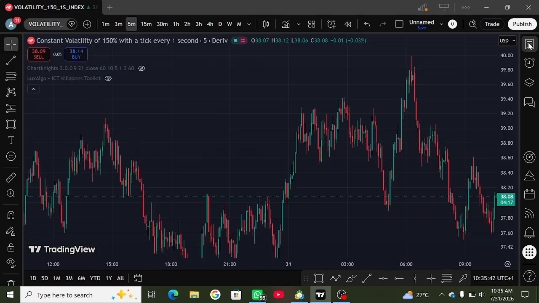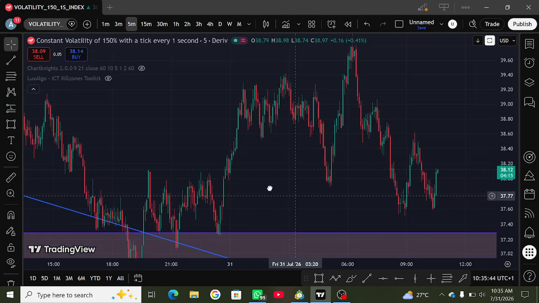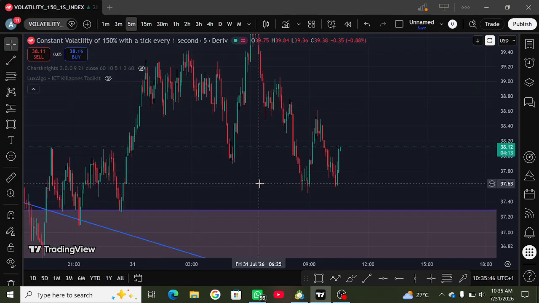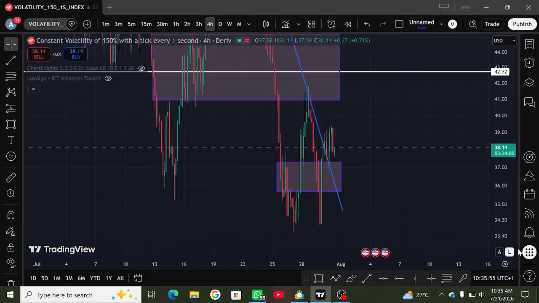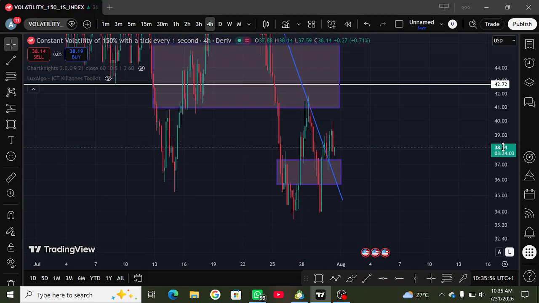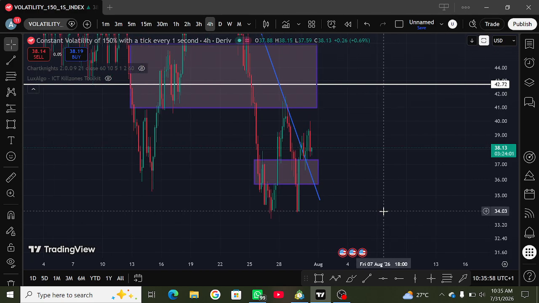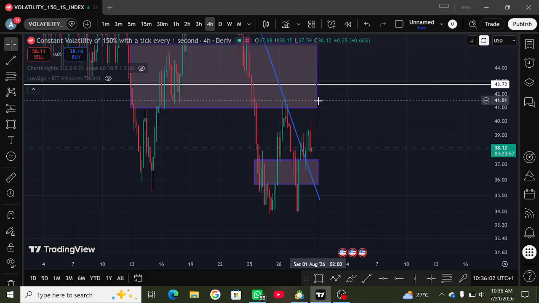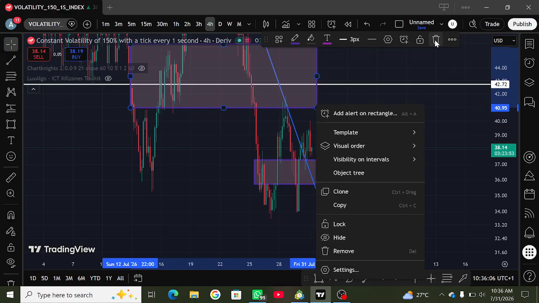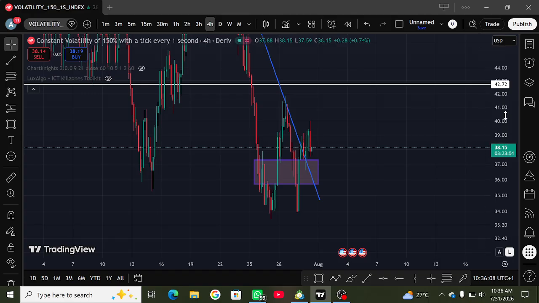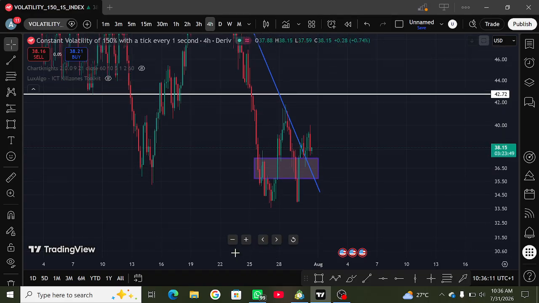This is it, using the inverse fair value gap as well. I think this is it. Alright. So this inverse fair value gap was violated several times.